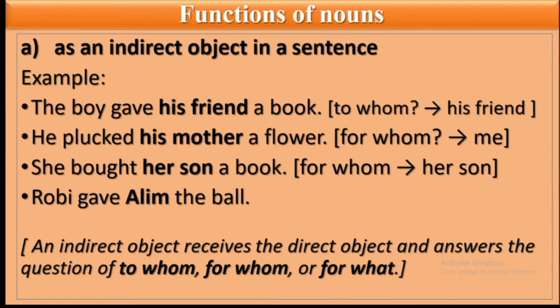That is, the verb is give, and we are going to ask a question using to whom. That is, to whom did Robi give the ball? Of course, Robi gave the ball to Alim. So in this sentence, Alim is the indirect object and it's a noun.